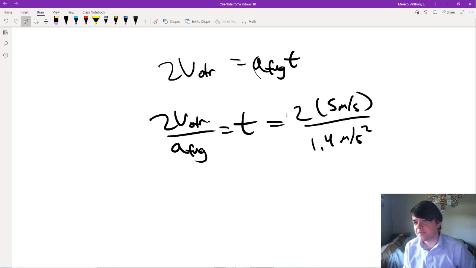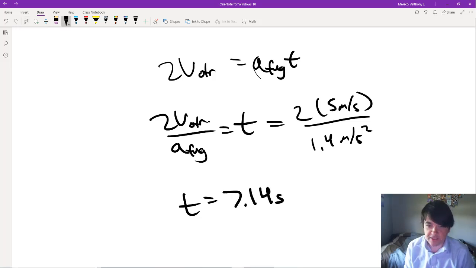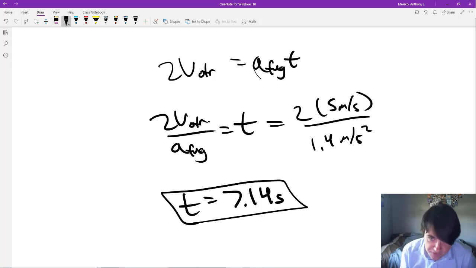We are going to get units of time because meters will cancel and we'll be left with one unit of time, right? Because one second will cancel. So time equals 10 over 1.4, which is 7.14 seconds for time. So we've solved one of the things we need.